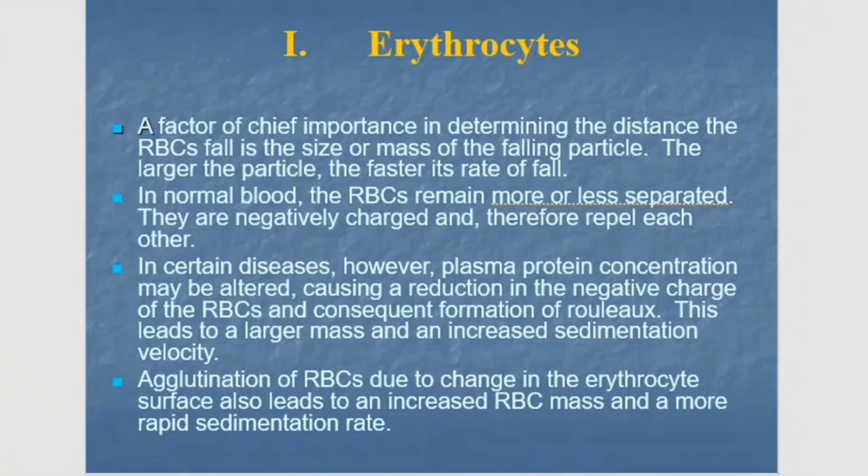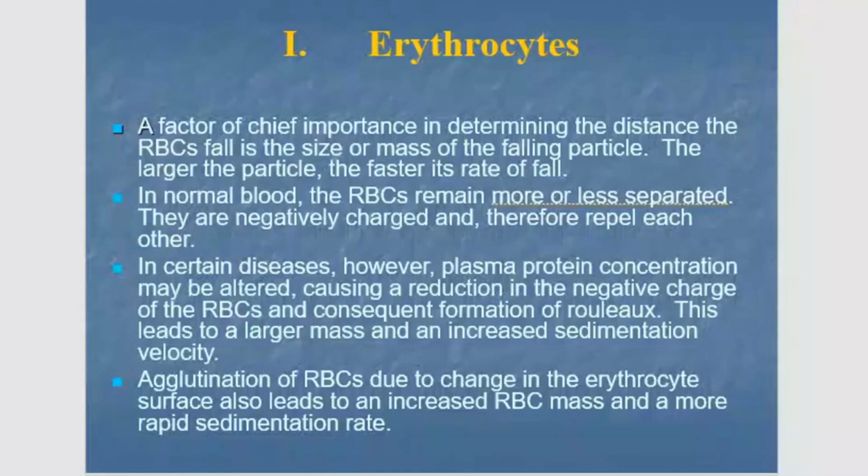So you can clearly say from this slide that people who are already infected, or who have some defect, some inflammation, or other conditions, have an alteration of plasma proteins, or the plasma protein concentration changes in the blood.